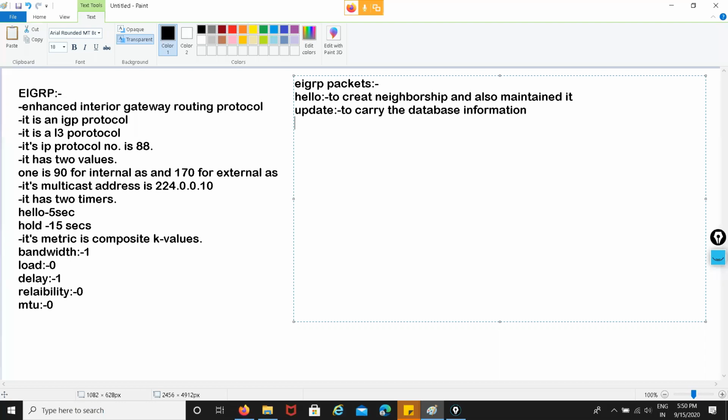Apart from that, it also uses the acknowledgement, just to acknowledge that the update packet is successfully delivered.